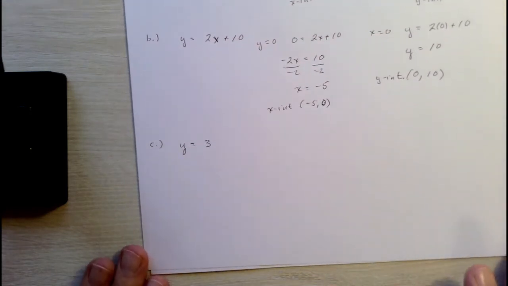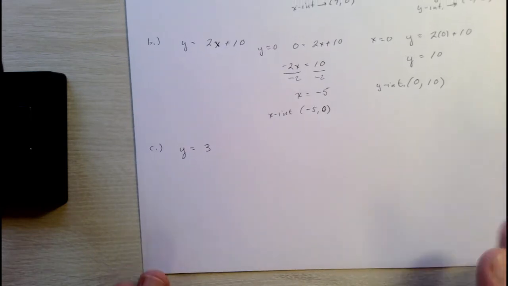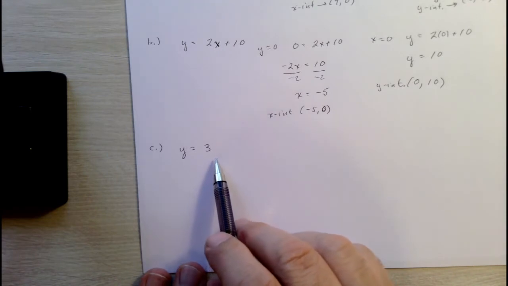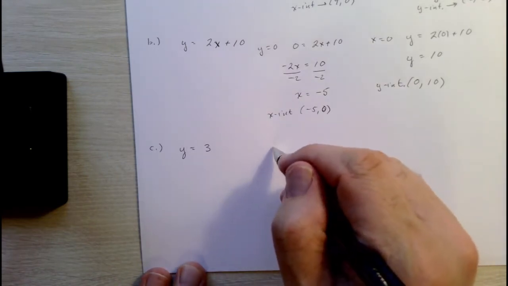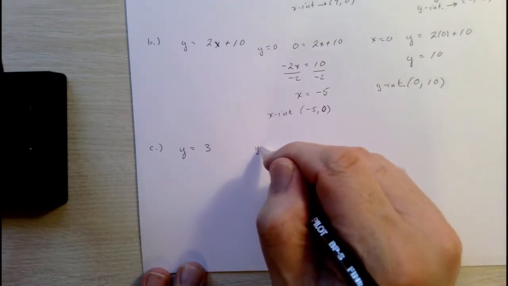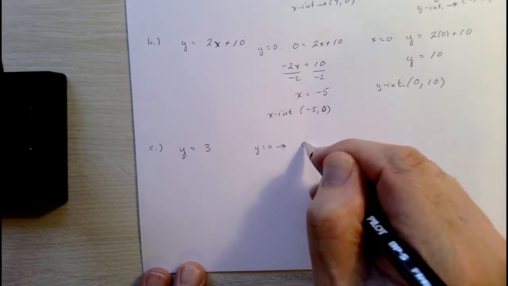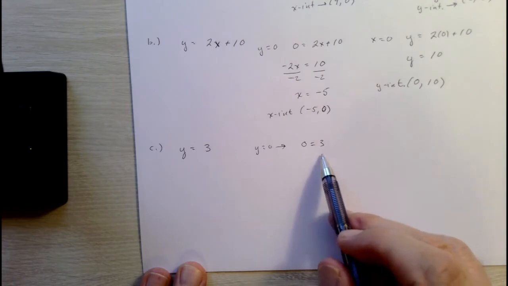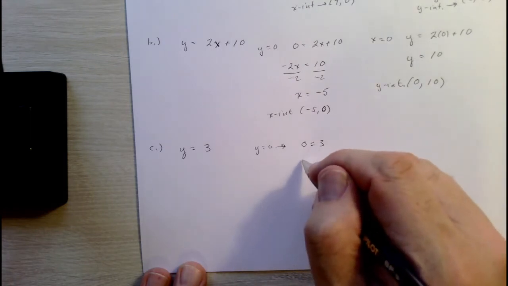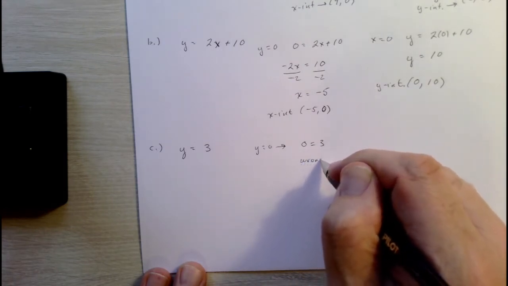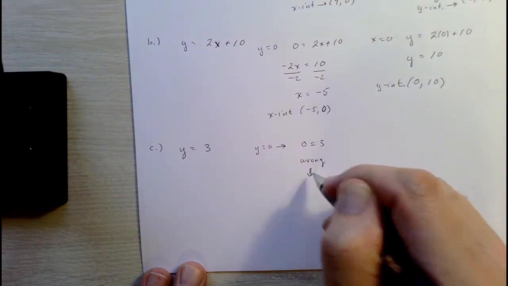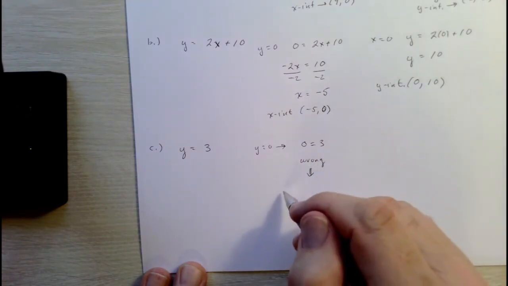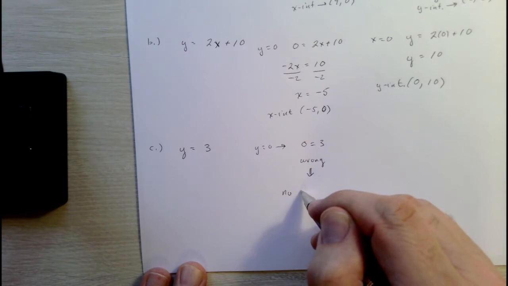Okay, for y equals 3, this is going to be the graph of a horizontal line. But let's say if we didn't know that, we set y equals 0. Now we get 0 equals 3, and this of course is not true, so this is wrong. That means something's wrong, and what's wrong is there's no x-intercept.